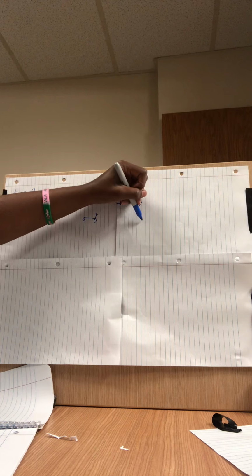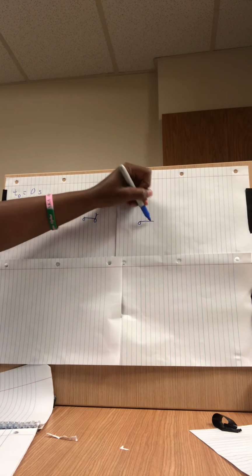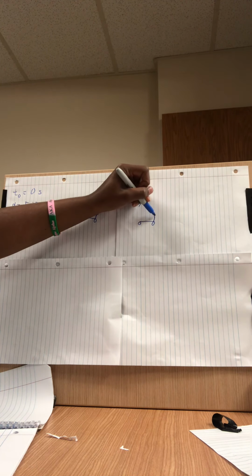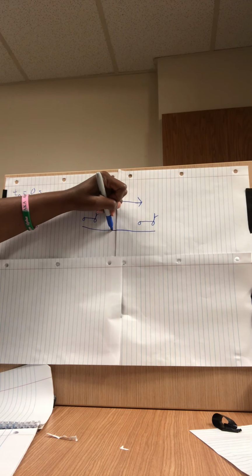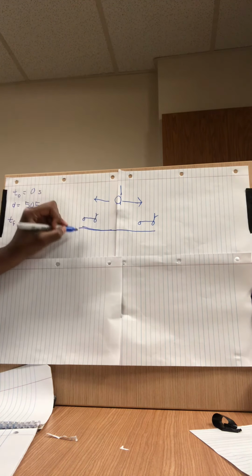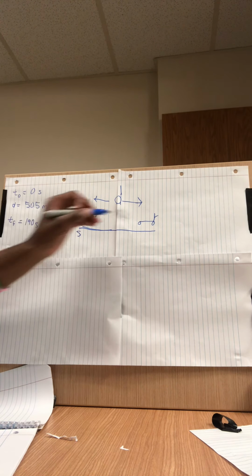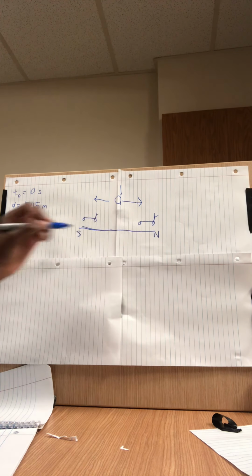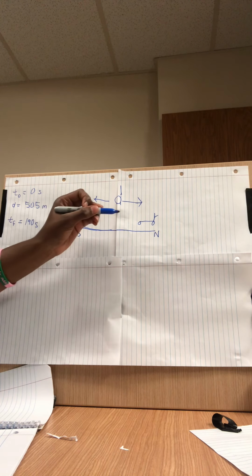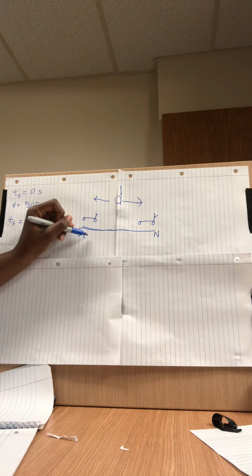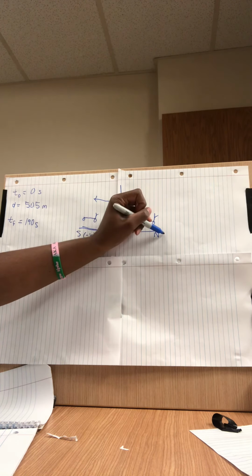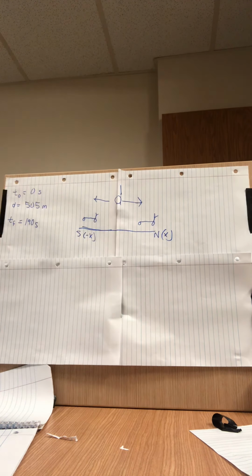And then I'm going to draw one on the side. This motorcycle represents the south, and this one represents the north. So it's going in that direction. South meaning negative, north positive.